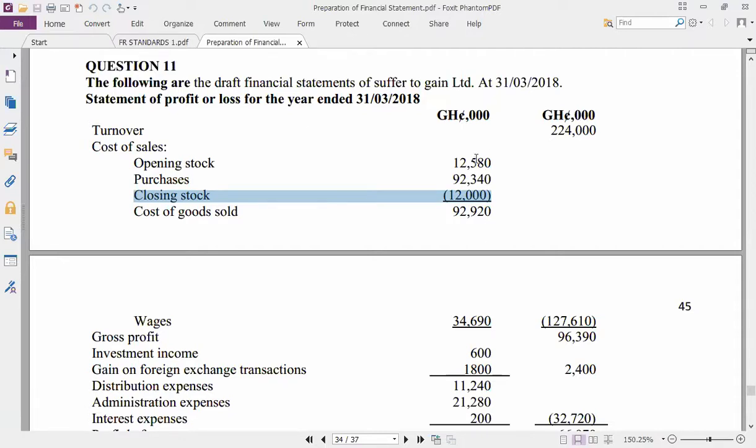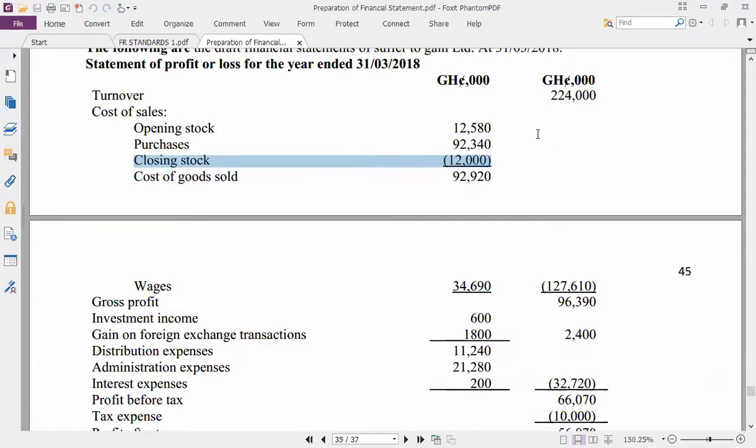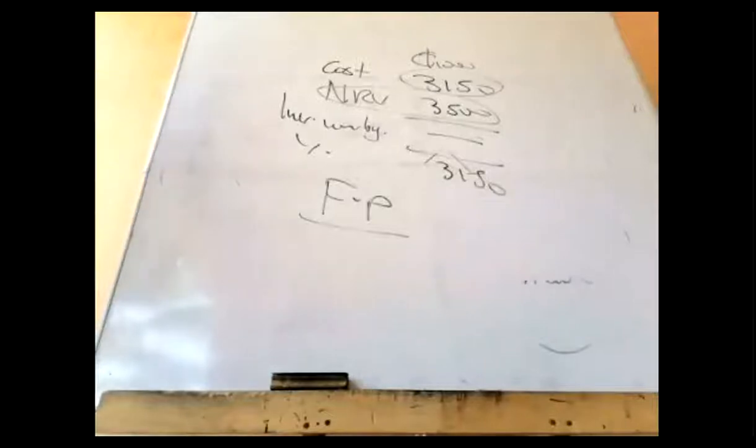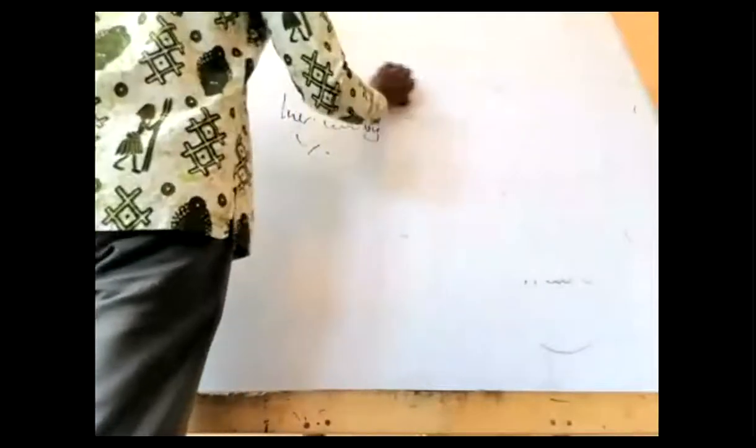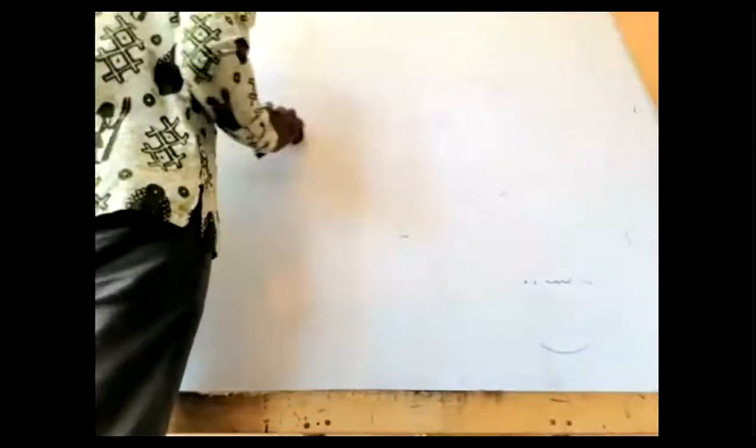So after this, how will the new cost of sales look like? In this case, I have two methods. I can do everything again, or you go for the next, how you've been doing it, and it will work.